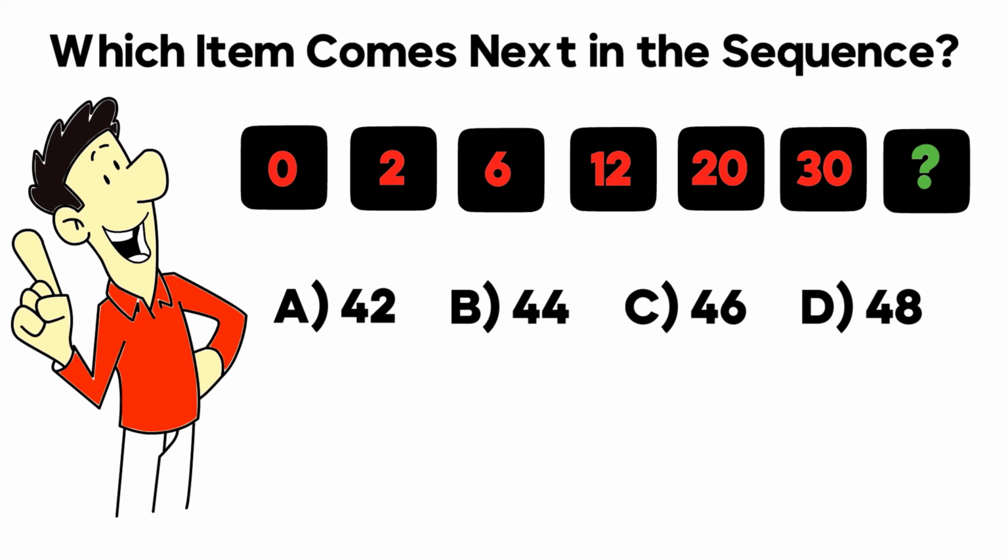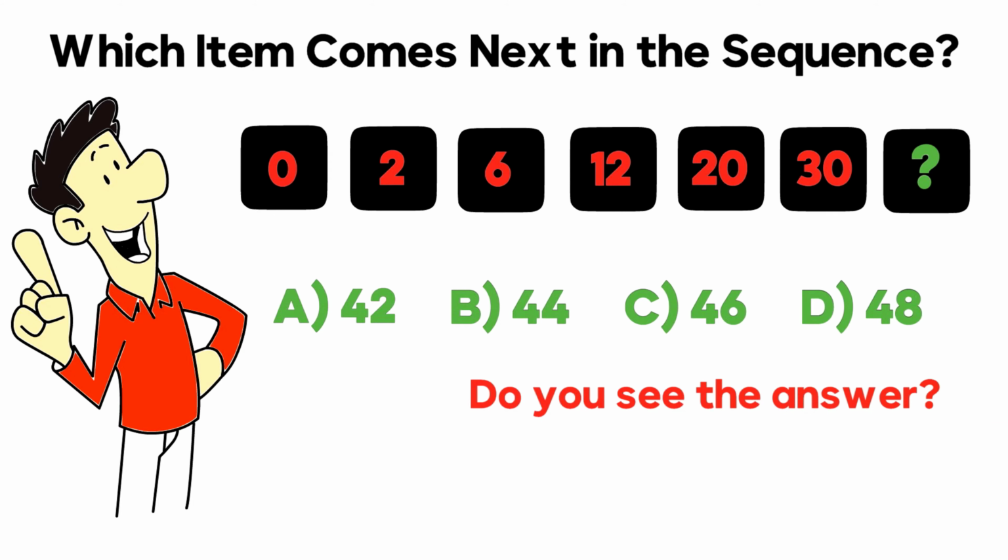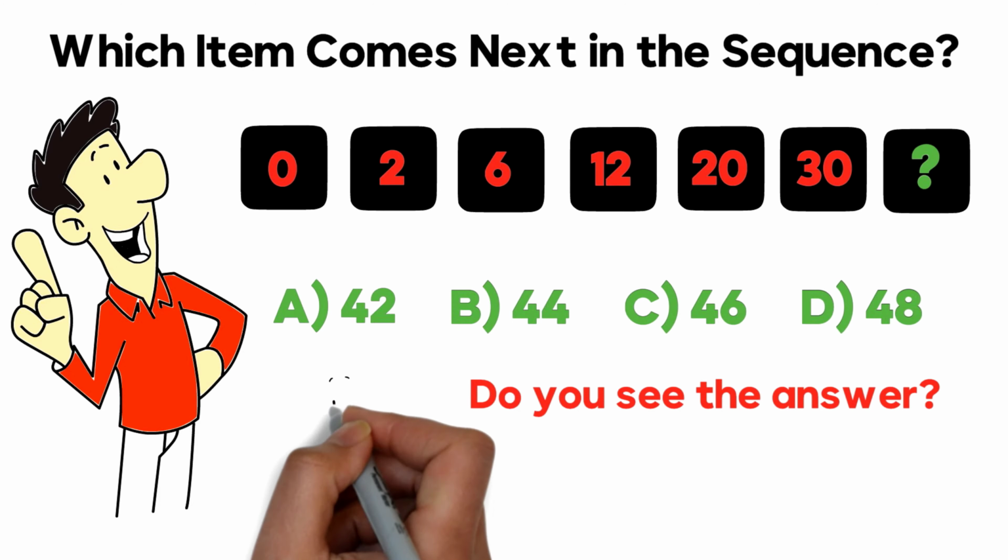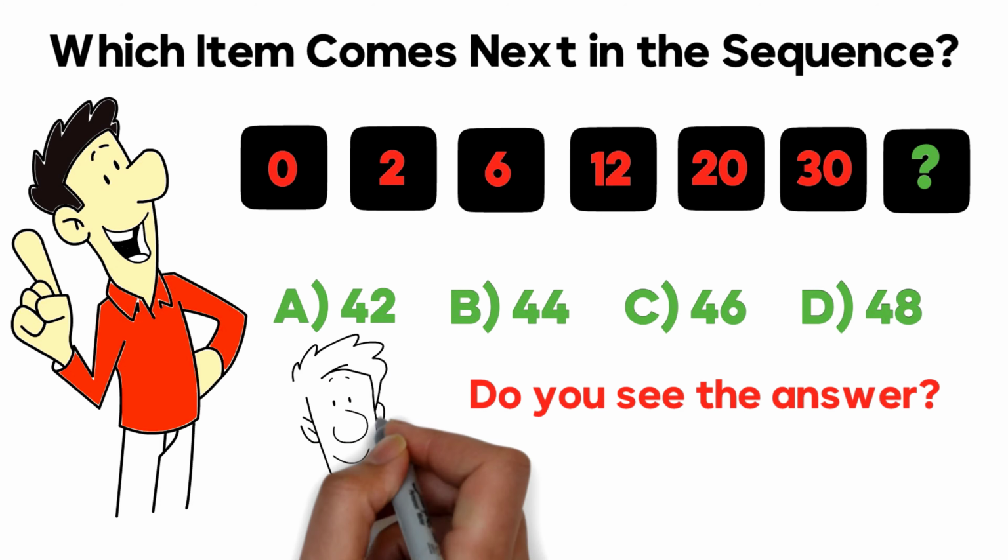You're being asked to select one of the 4 following choices. Choice A, 42. Choice B, 44. Choice C, 46. And choice D, 48. Do you see the answer? It may or may not be obvious, depending upon your skills of detecting the pattern.